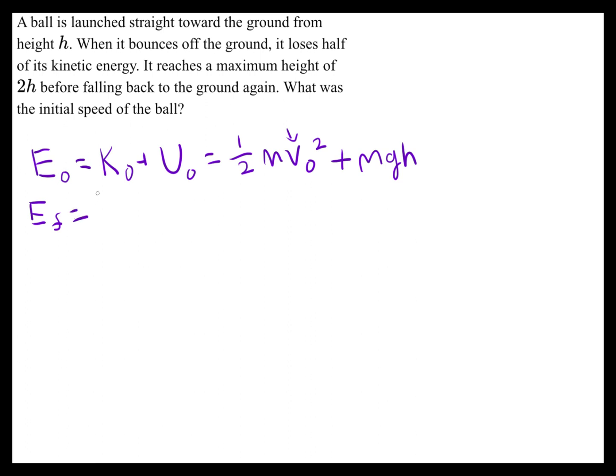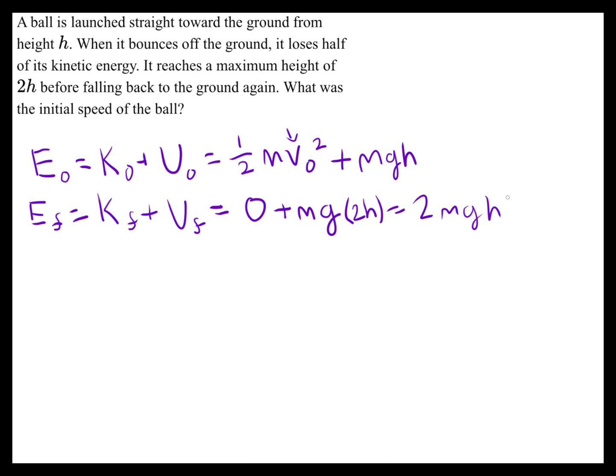This is equal to the final kinetic energy plus the final gravitational potential energy. The final kinetic energy is 0 since it's at the maximum height and about to fall back to the ground again. However, the potential energy is the mass times the gravitational acceleration times the height, which is 2h. So this is simply 2mgh.